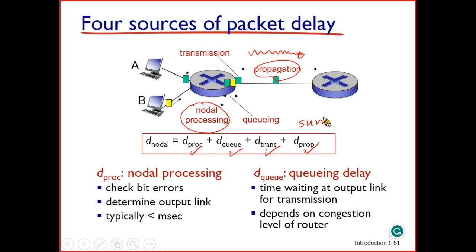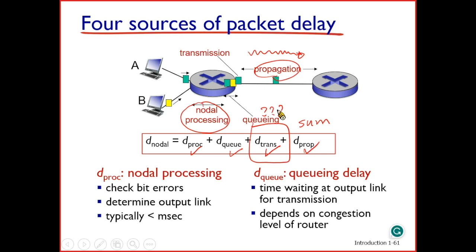If we have the sum, think about the previous calculation: why did we just have the transmission delay? In the previous calculation, note that we had an assumption. We assumed no queuing delay, no processing delay, and no propagation delay.